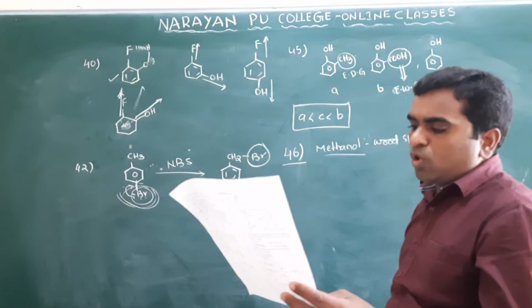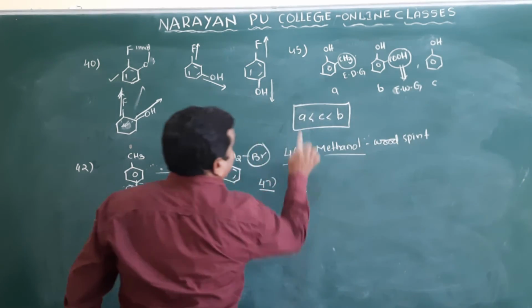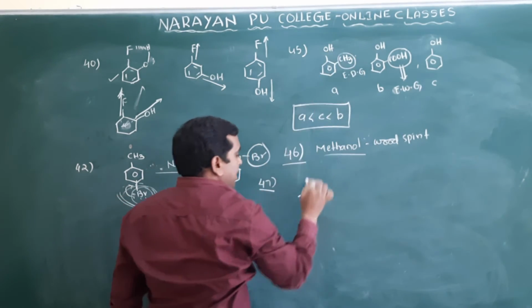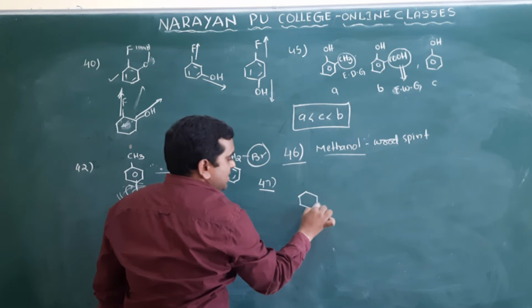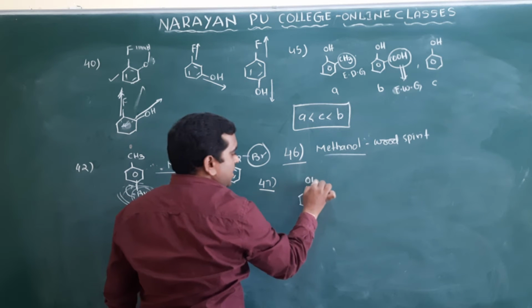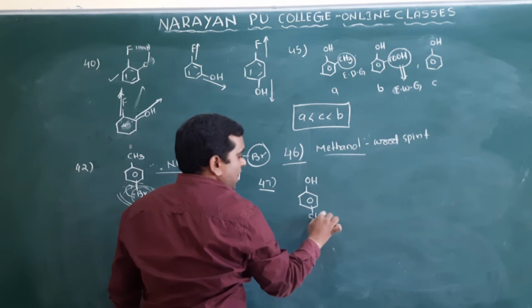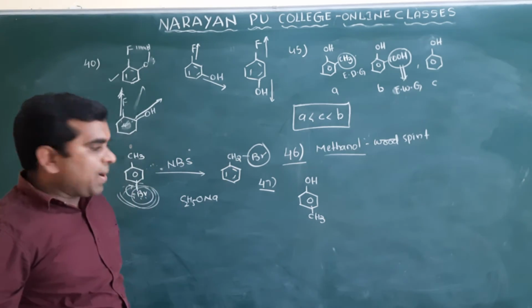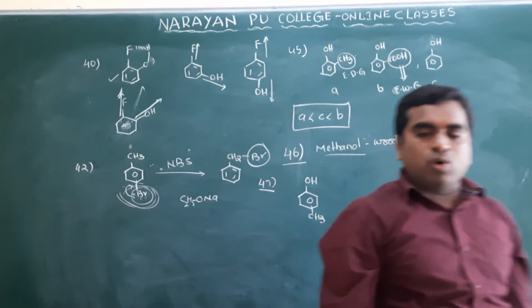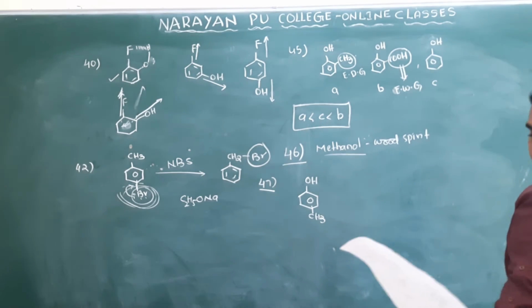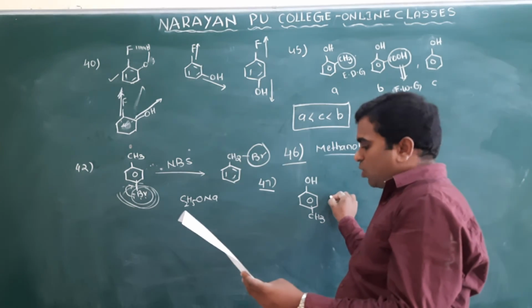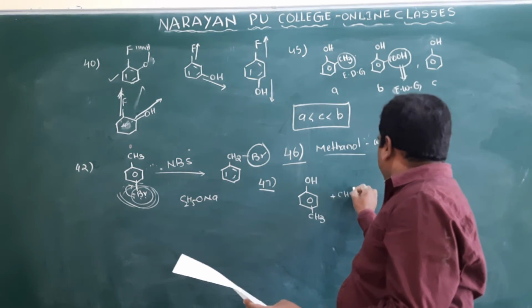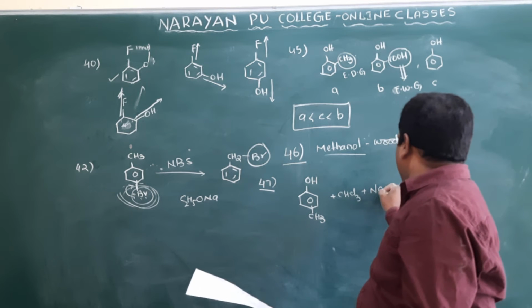Paracresol reacts with chloroform and alkali. Cresol, as I mentioned, means if OH and CH3 are present on the benzene ring, they are called cresols. Paracresol means both groups should be in the para positions. Now treated with chloroform and alkali. Alkali means the base.